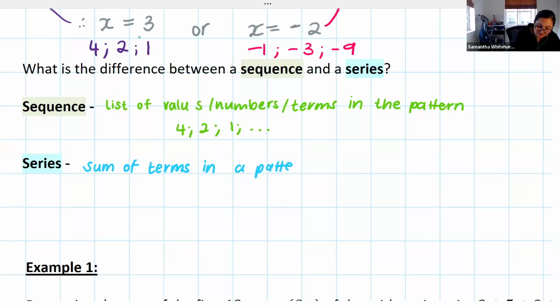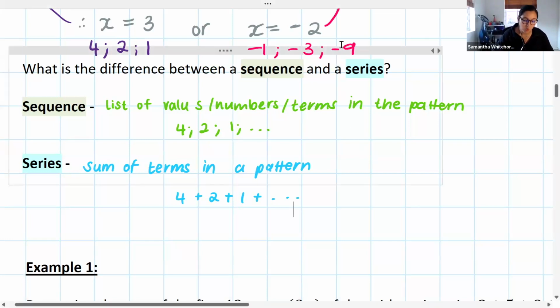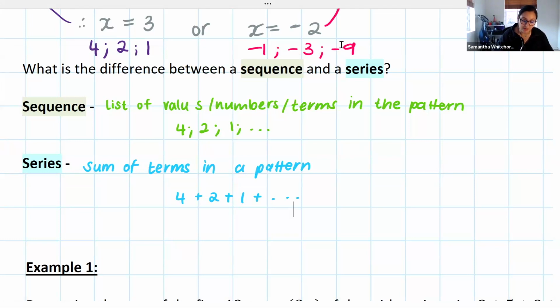So if I took that exact same number pattern, the 4, the 2, the 1, the series would be 4 plus 2 plus 1, etc. We are now going to have a look at how to work out the sum of an arithmetic series. We're going to do geometric as well, but we're starting off with arithmetic because geometric is quite a cool one to look at, so there's quite a bit more that we need to deal with.